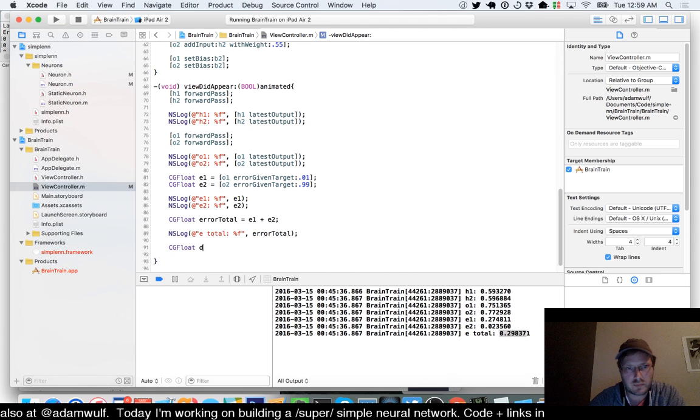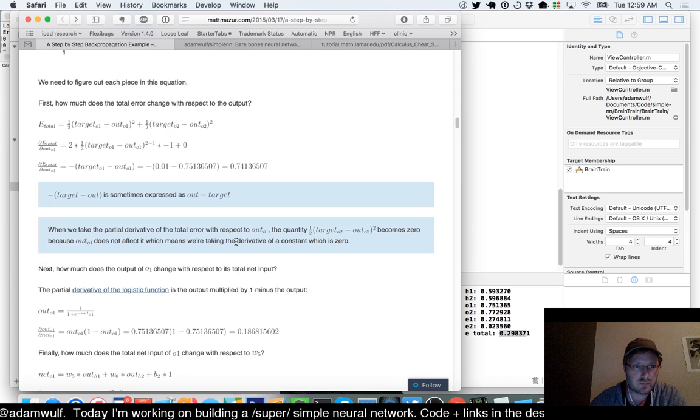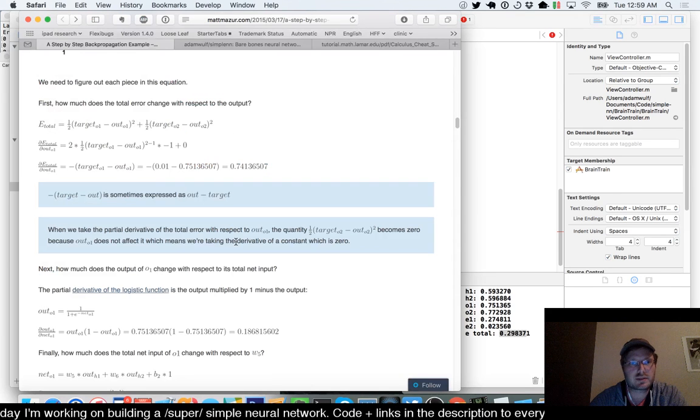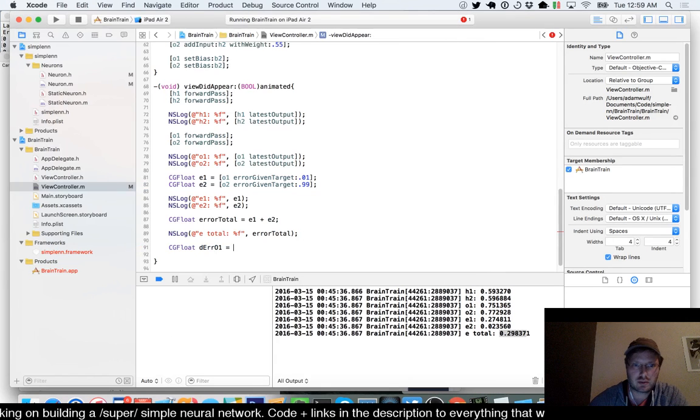So d error of O1 is, we're going to say negative, oh, that's just going to be out minus target, right? Is O1 minus 0.01.